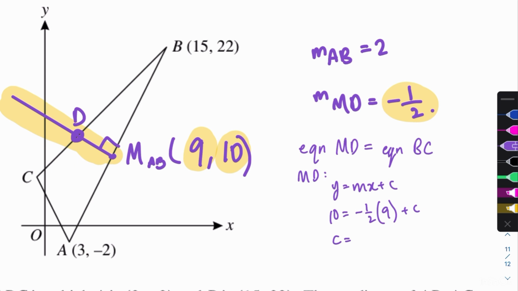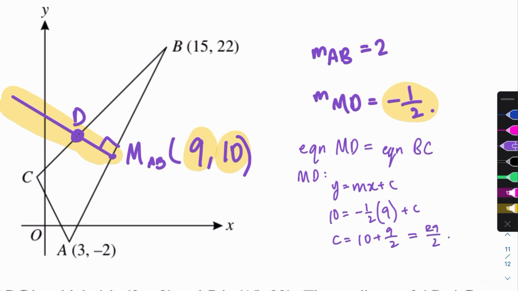C equals 10 plus 9 over 2. Just typing that into the calculator because it's just faster. 29 over 2.